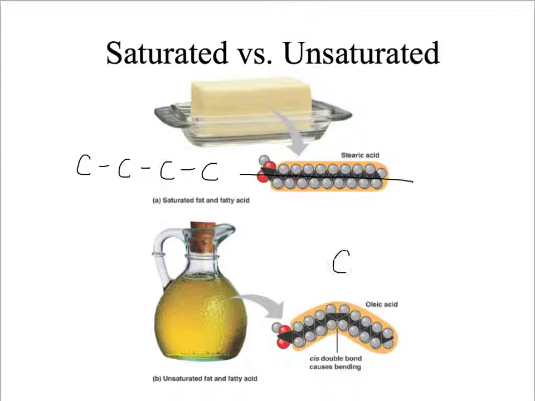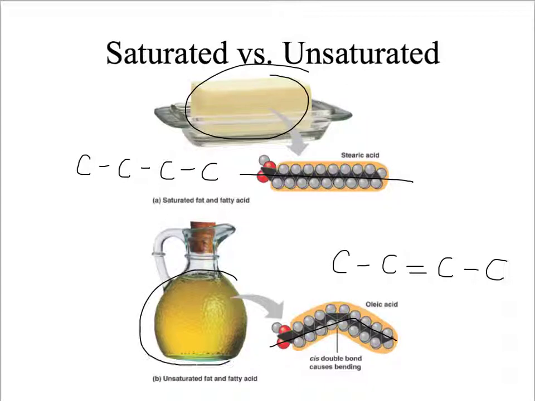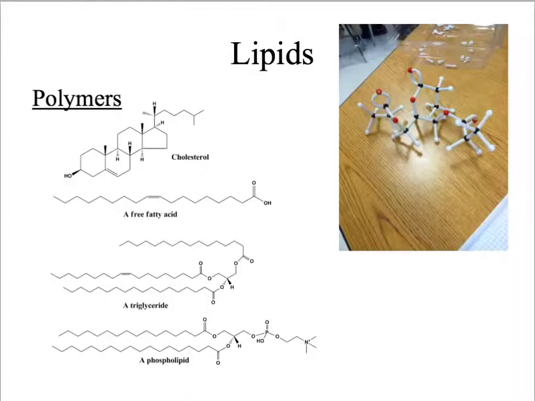However, if any of those carbons are joined by a double bond, that's going to create a little kink in the fatty acid tail. And we see that difference as being fats that are solid at room temperature, like butter, is a saturated fat, and fats that are liquid at room temperature, such as different oils, are unsaturated fats. And again, that just refers to the types of bonds that are in those fatty acid tails.